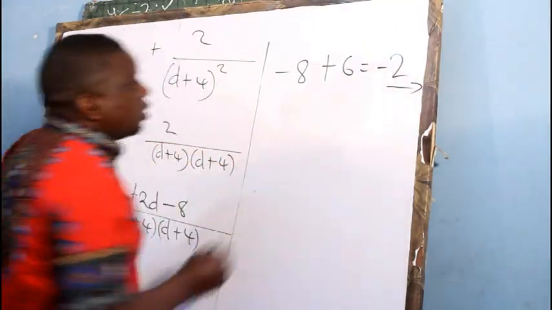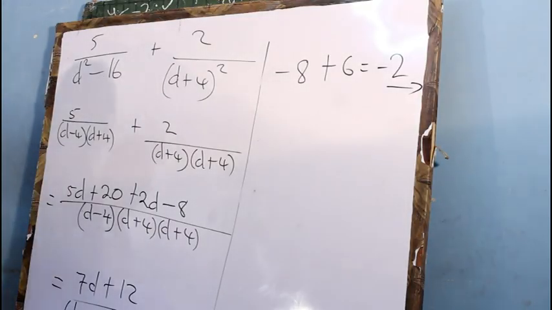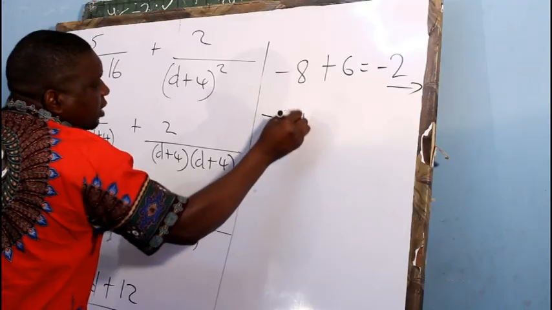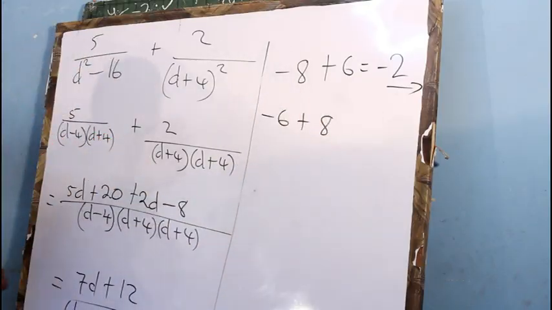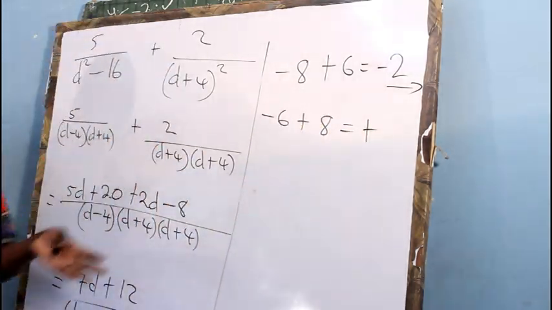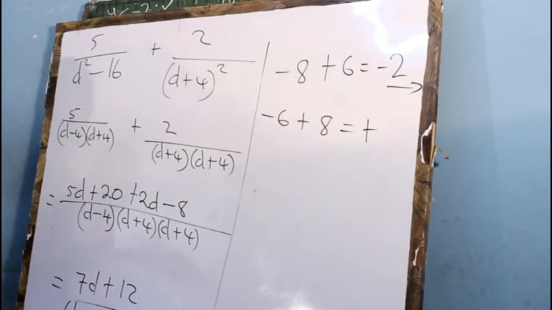What about minus 6 plus 8? Take the sign of the bigger number, plus. Then what is the difference between 8 and 6? 2.